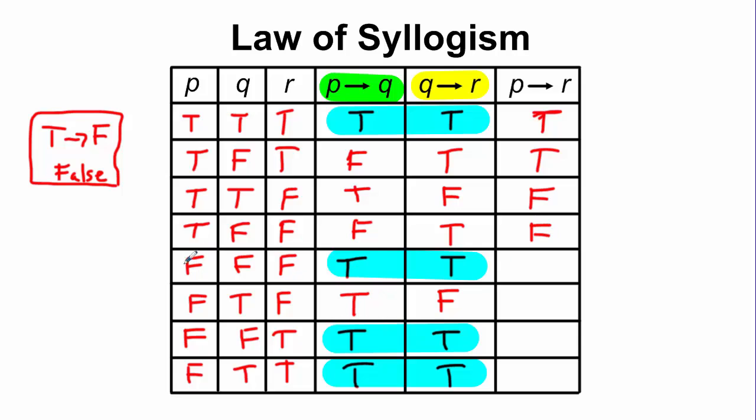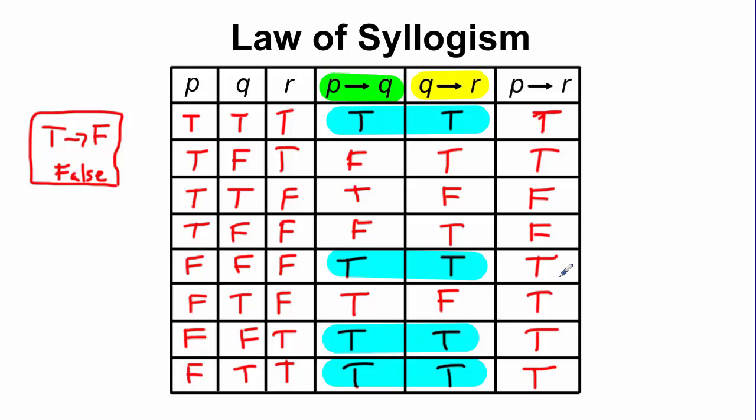Here I have false and false, so that overall conditional will be true. Here I have false with false again, that overall conditional is true. And here I have false with true, so that overall conditional is true. And the last row I have false and true, and that overall conditional statement is true.